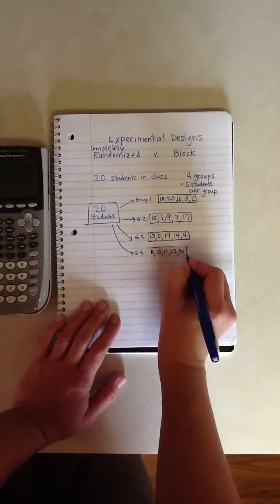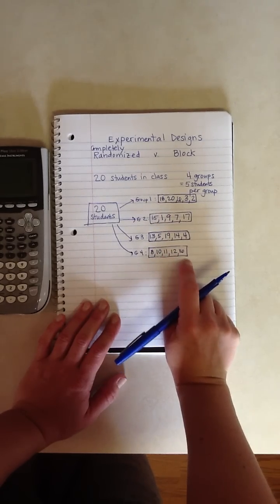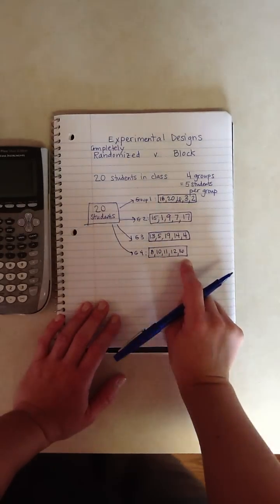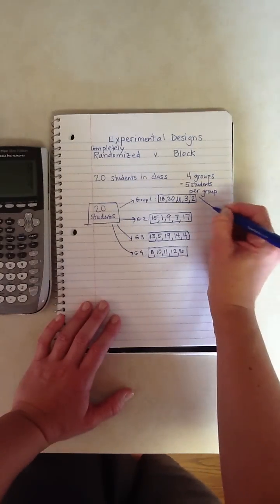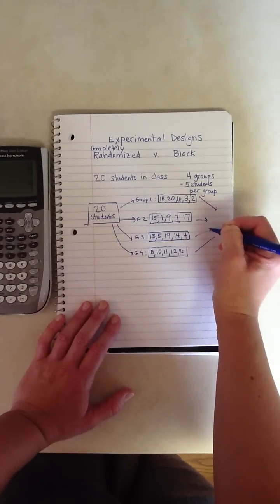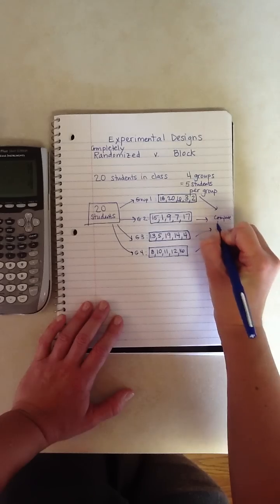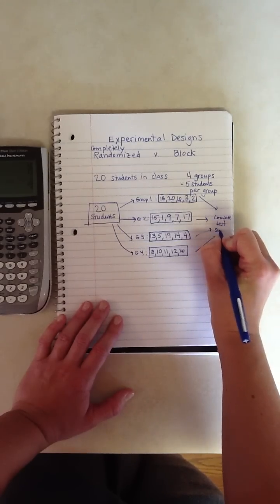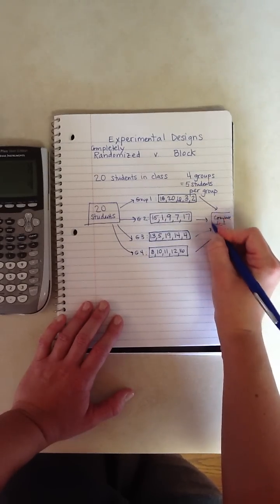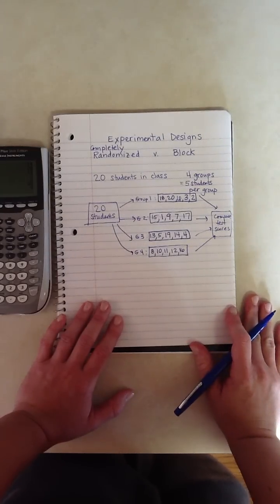So my group 4 should be the 5 that are left, 8, 10, 11, 12, and 16. Now after the students take their test, I would compare how they did on the test. And that's how you do a completely randomized design.